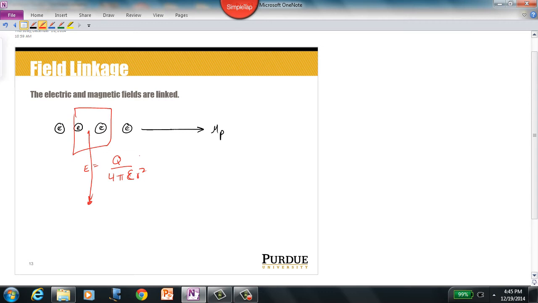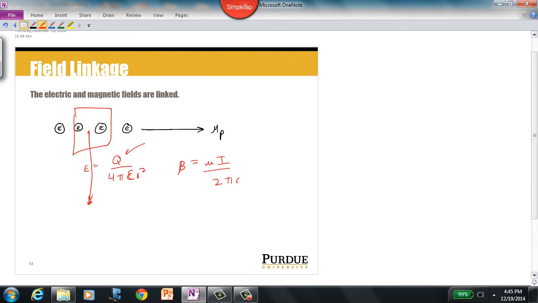The magnetic field instead depends on the rate of charge flow through the section. The magnetic field B at some distance is equal to mu I over 2 pi r.